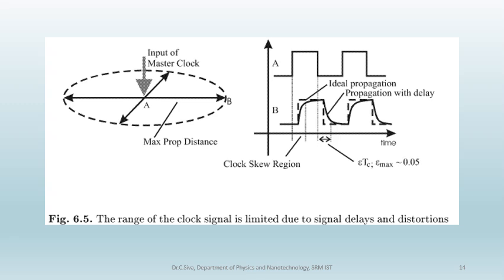Only a small physical area around a driver can be reached within a single clock cycle. So if I am taking a signal from a long distance, it definitely cannot reach.